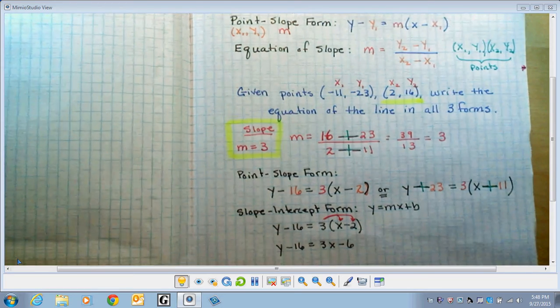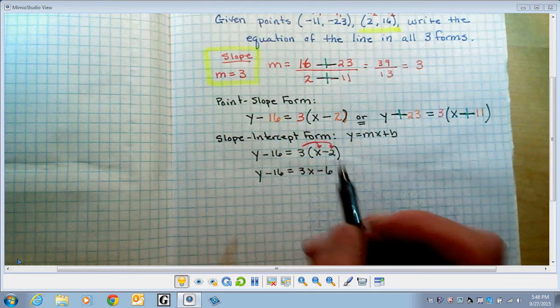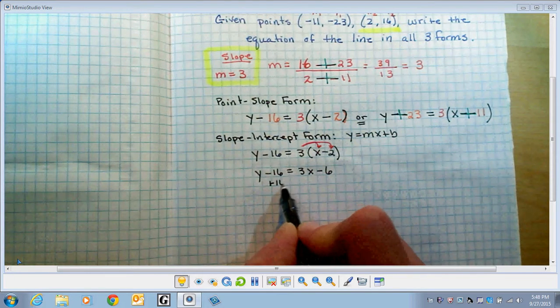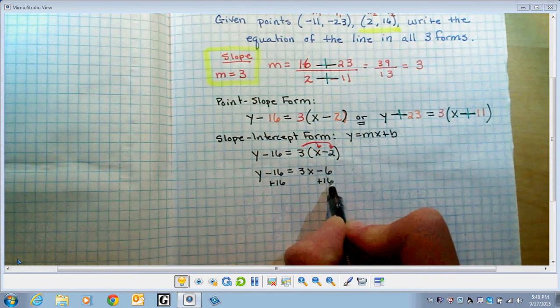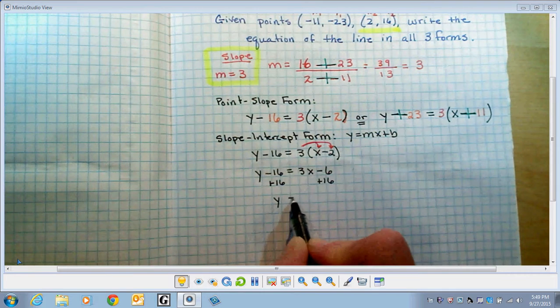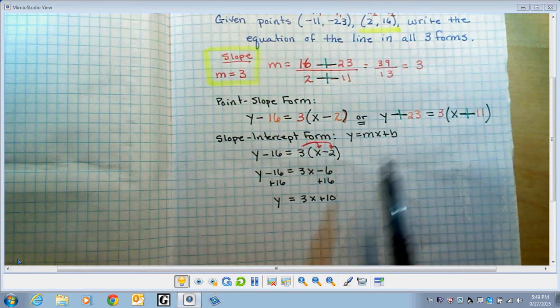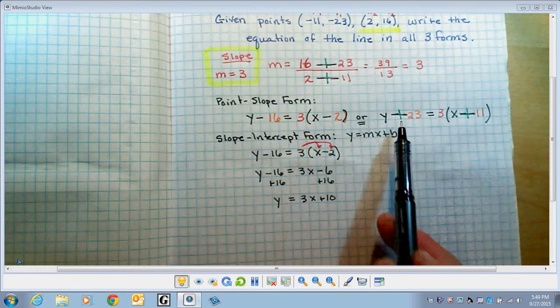It looks like I'm almost at y equals mx plus b. So now I just need to add 16 to both sides of my equation, my equal sign, and I get y is equal to 3x plus 10.